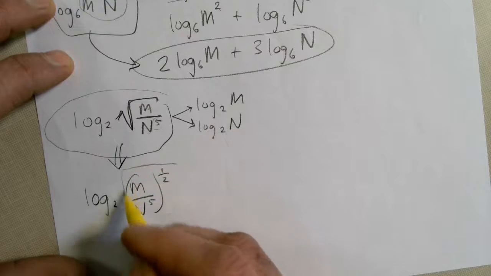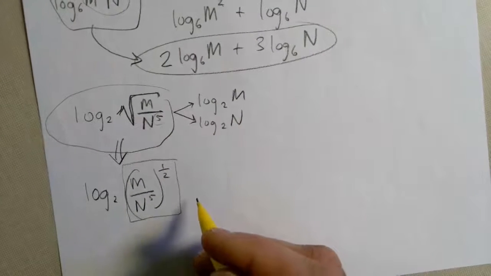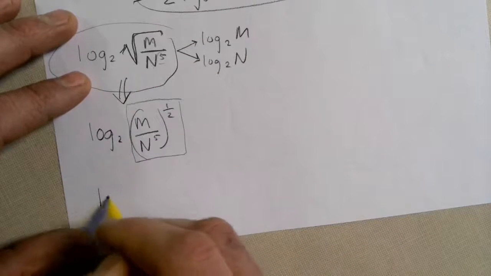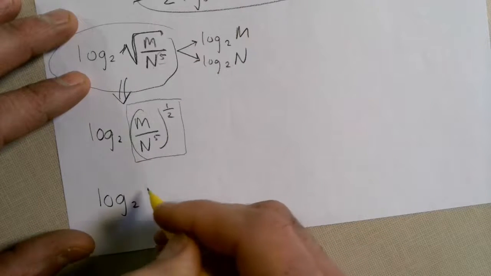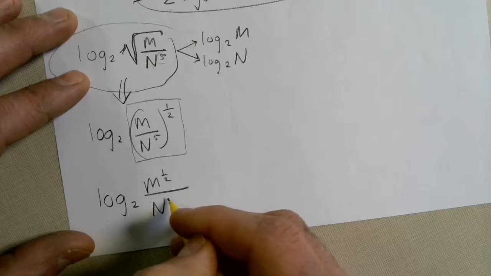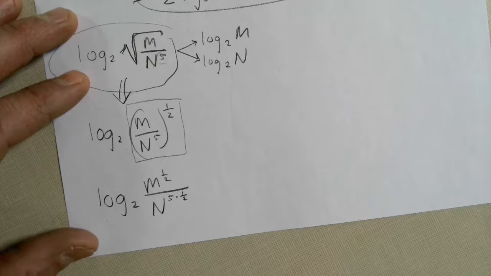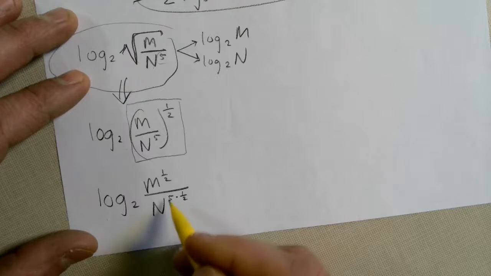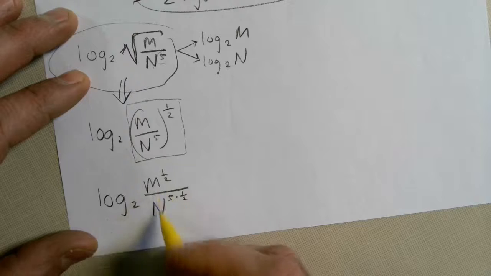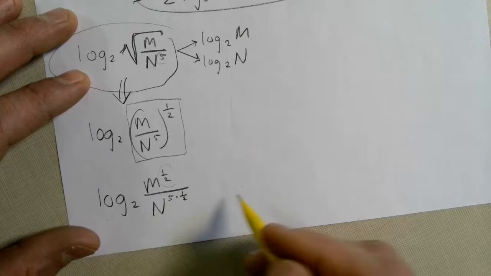Then, if you remember your rules of exponents, I can rewrite this again like this: log base 2 of m to the 1/2 over n to the 5 times 1/2. Now, do you see the division and the powers? It's going to be just like the one we just did.